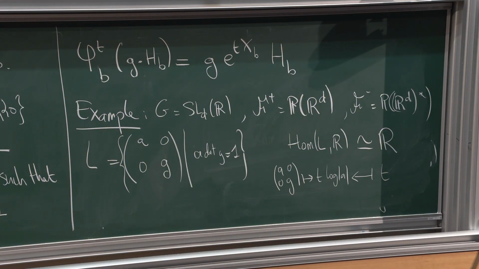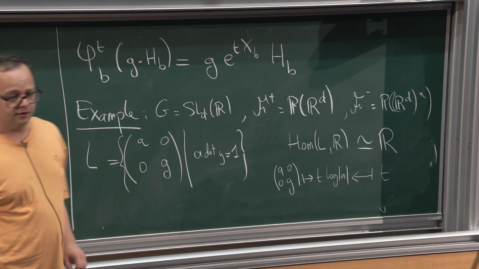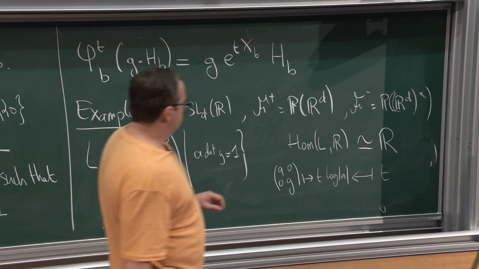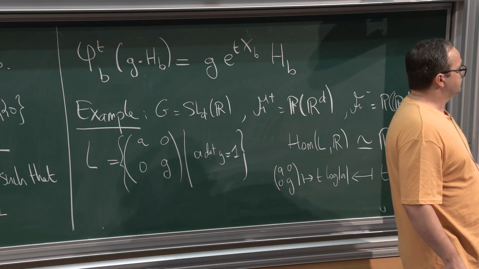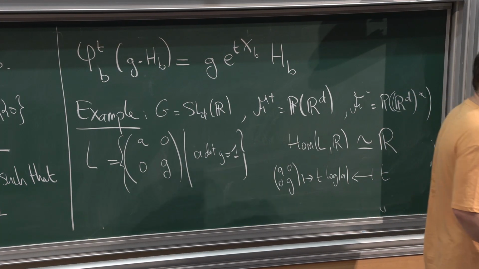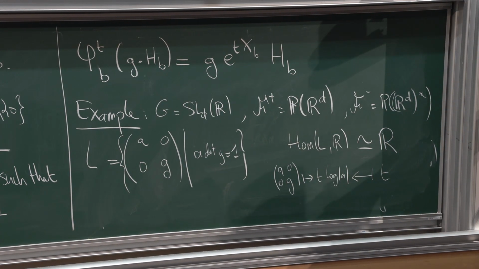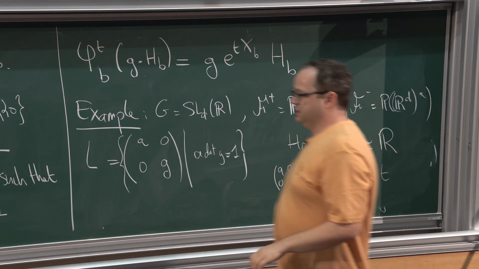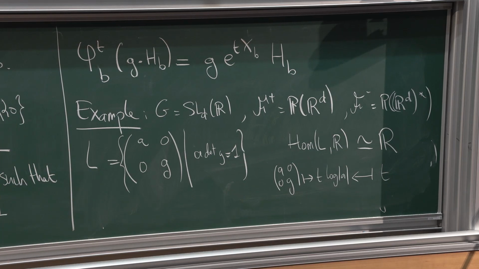You could also put the determinant of G instead of A. One is the inverse of the other, so it's the same thing. That's the only way of constructing a homomorphism from this to R. So all the different flows that you'll construct with this example are just reparameterizations by constant speed of each other. So that's why in this setting of SL_d with the projective spaces as flag manifolds, we only had one flow.